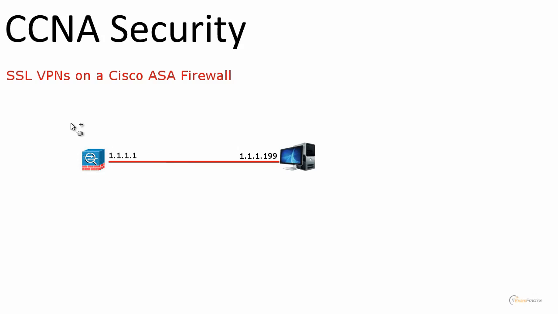A lot of companies deploy SSL VPNs for third parties, for some other companies. If you want to do that, you have to lock it down. You have to make sure that there will be one link only, right?